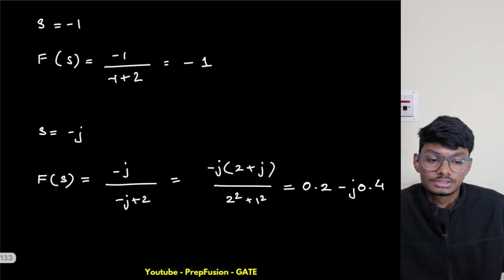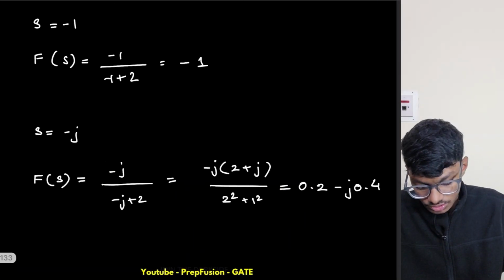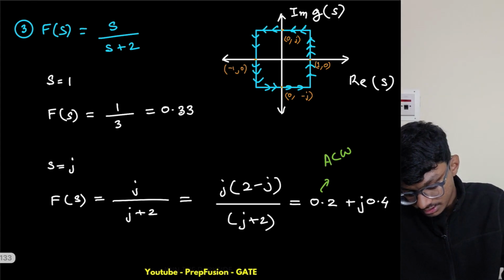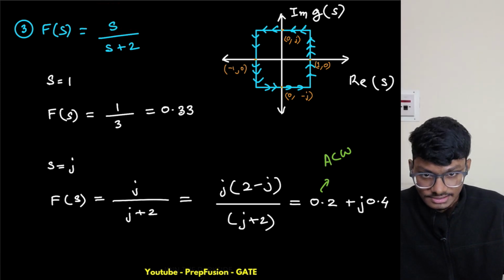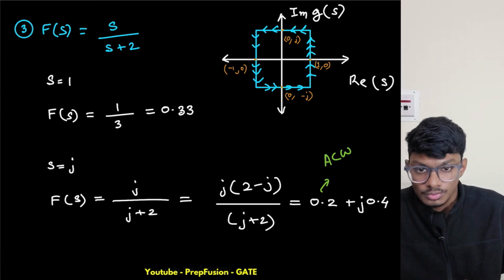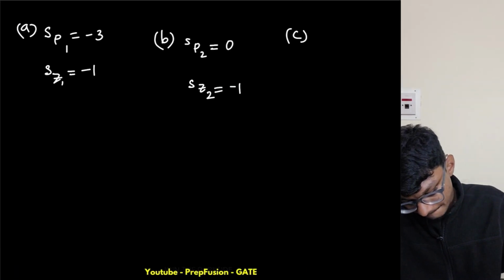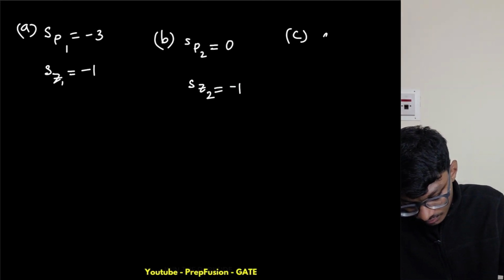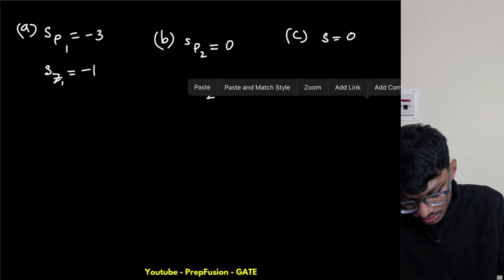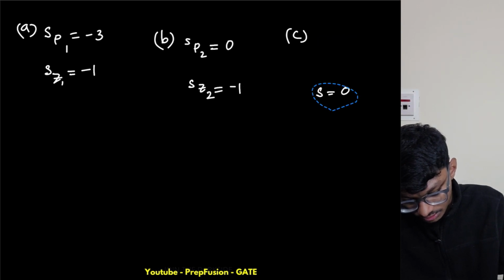Now let's go for the third one. In the third one, s equals 0 is a zero of this f of s, and s equals -2 is a pole.